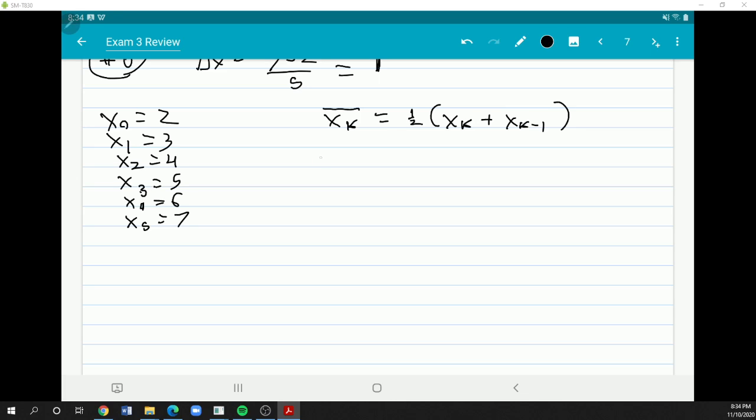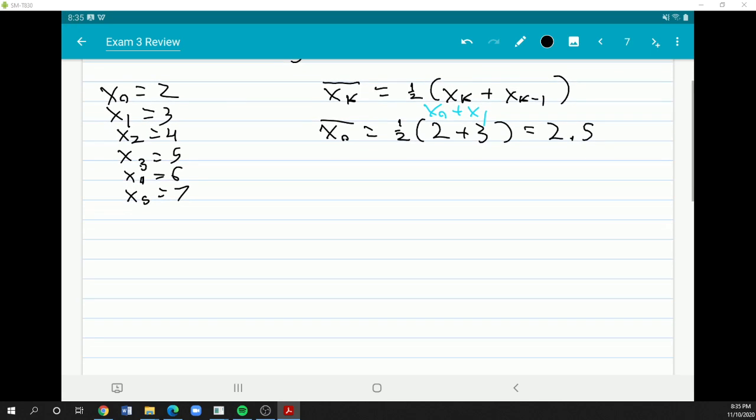So for example, x0 bar is equal to 1/2 2 plus 3, because that's x0 plus x1, which is equal to 5 divided by 2, which is equal to 2.5. So we're just picking the point that's exactly in the middle of our two endpoints. That's all that this formula is trying to accomplish.